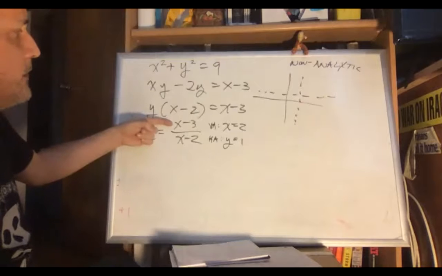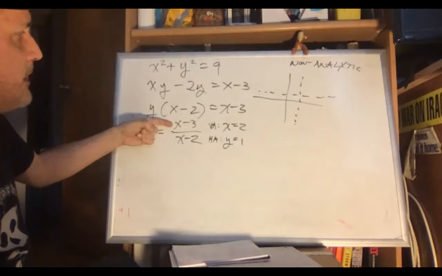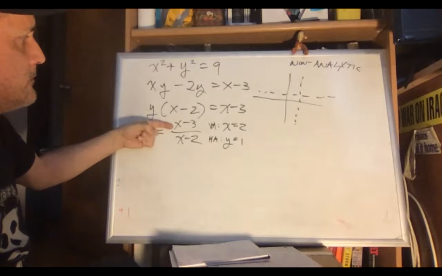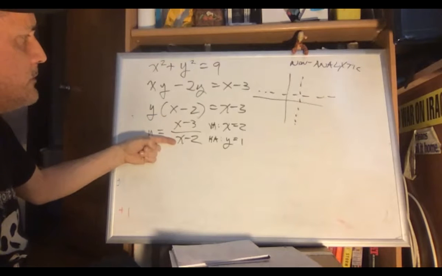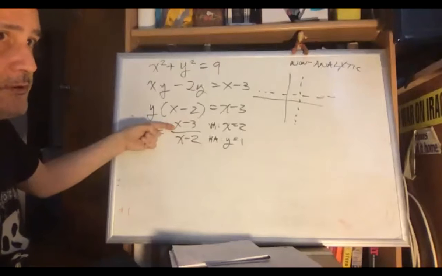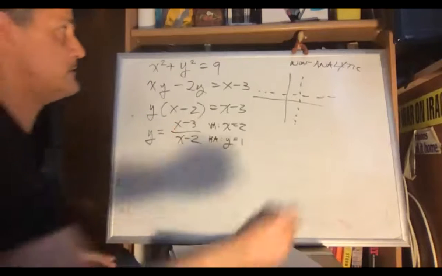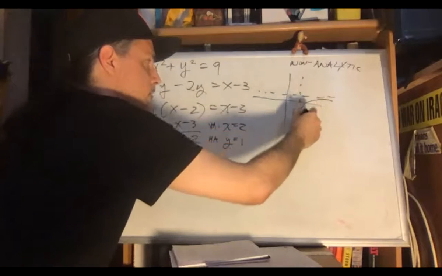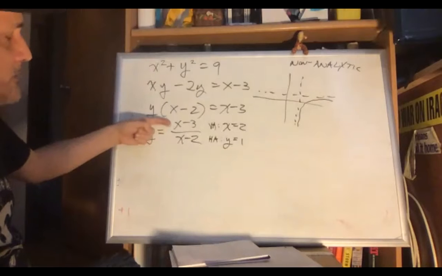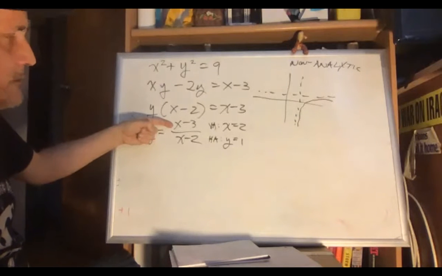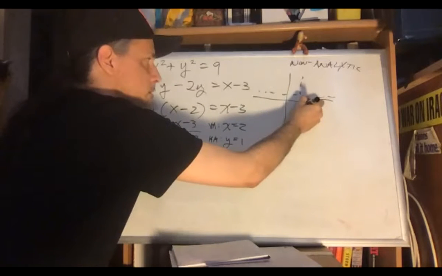All right, and notice when x is bigger than 3, this is positive. When x is in between 2 and 3, negative up here, positive down here. Okay, and then notice the x-intercept, when this equals 0, x is 3, which would be right here.